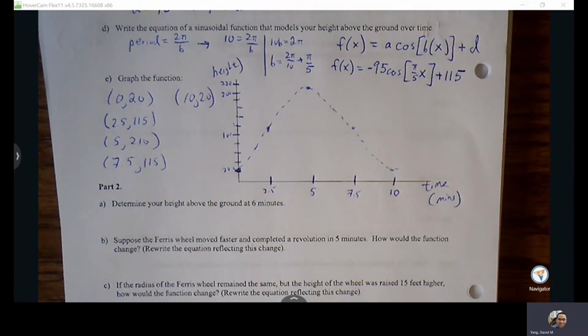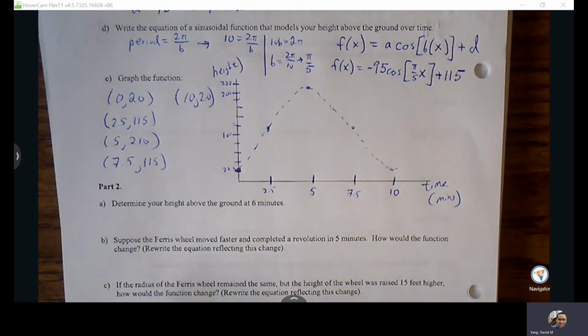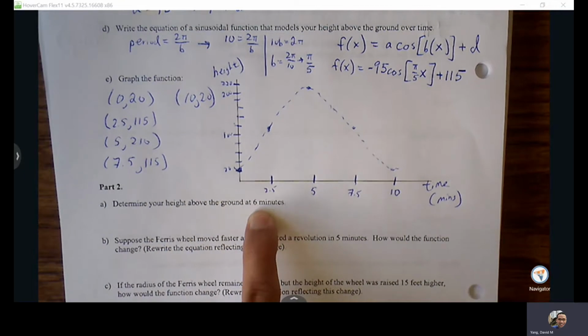Okay, how do we do with this equation? Okay, part 2, determine your height above the ground at 6 minutes. How can we find the height of the ride 6 minutes in?